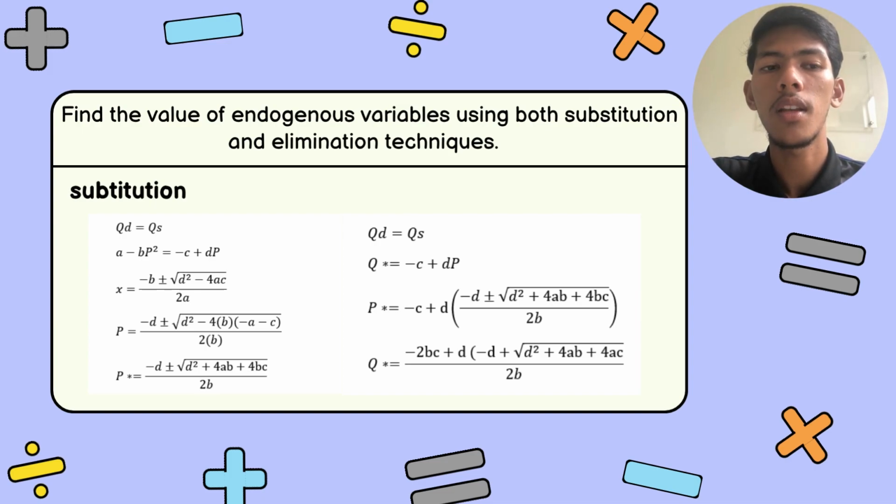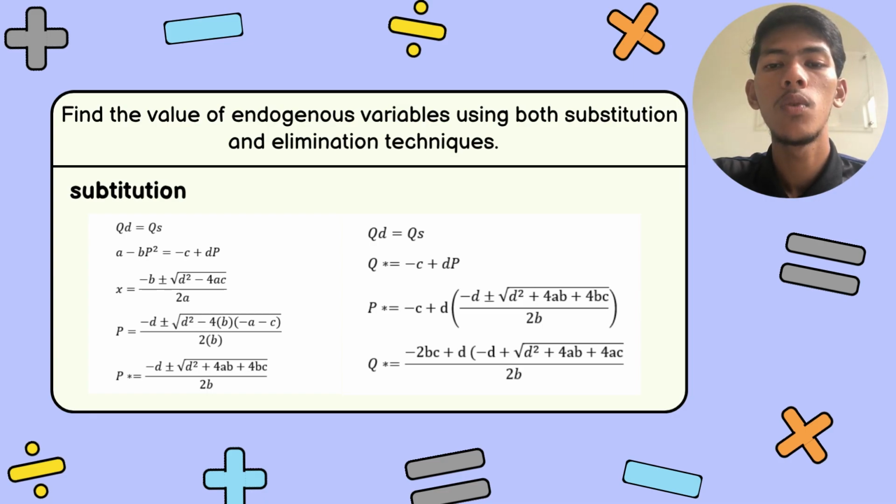For the substitution technique, we use QD equal to QS. Then we enter A minus BP to the power of 2 equal to negative C plus DP. For the solution for X, negative B plus minus square root of B squared minus 4AC per 2A.